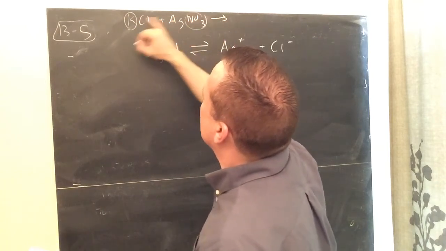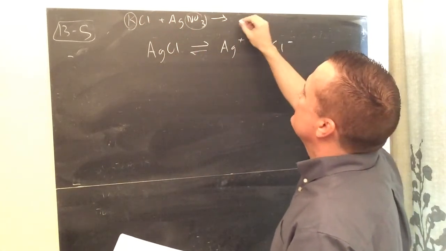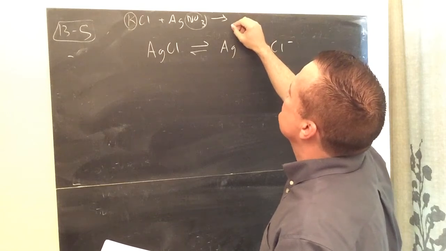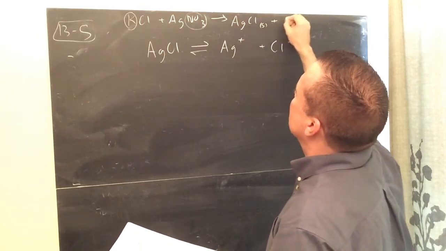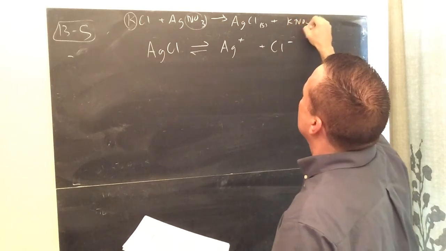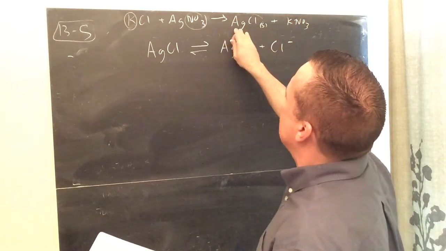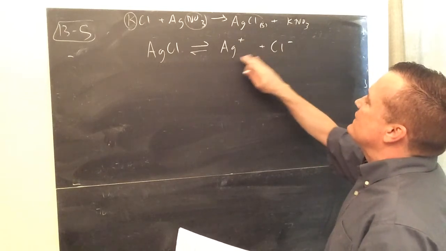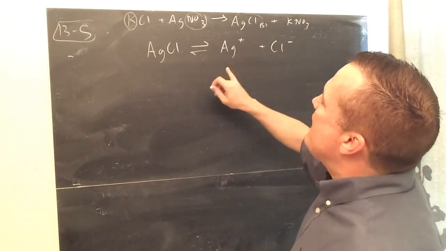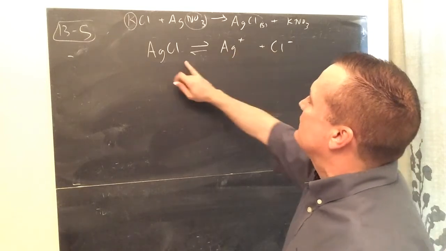All group 1 and all nitrates dissolve, right? So you would get silver chloride solid, precipitate, and you'd also get KNO3. But all we care about is the silver chloride. Now the silver chloride will break up into these two. But do you have enough silver and enough chloride to precipitate?